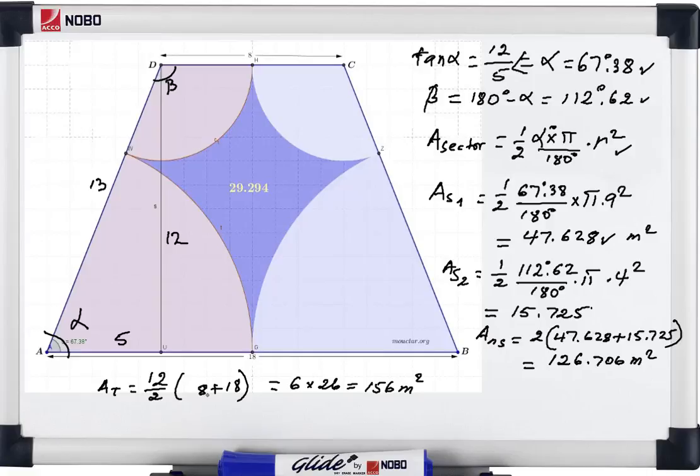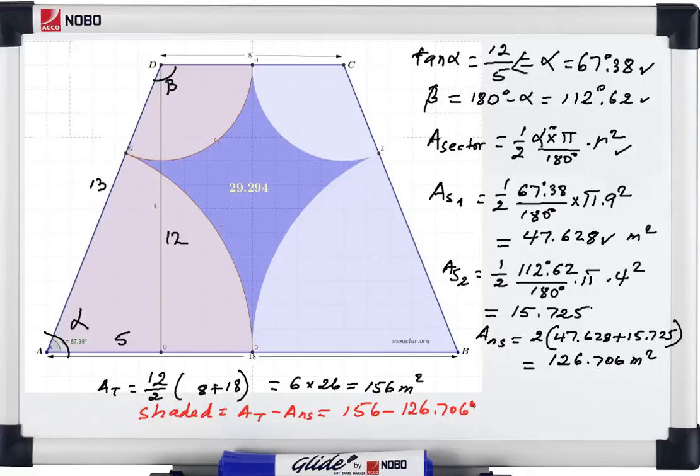Our shaded area is equal to the trapezoid area minus the non-shaded area, which is 156 minus 126.706.